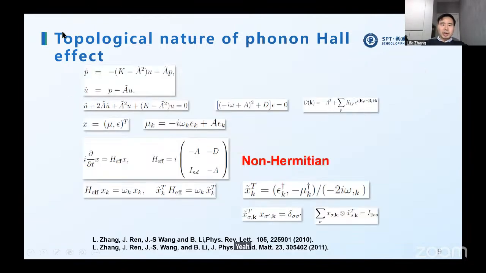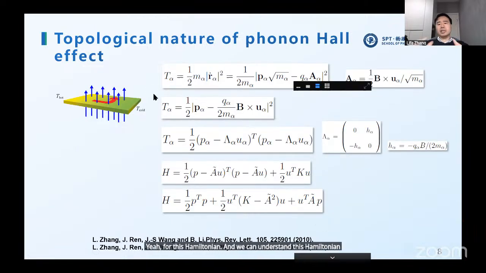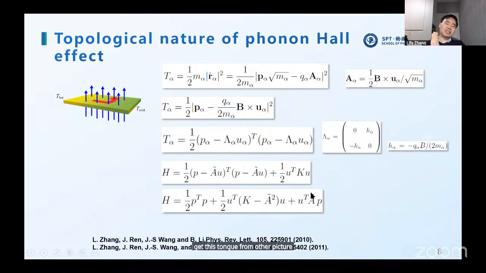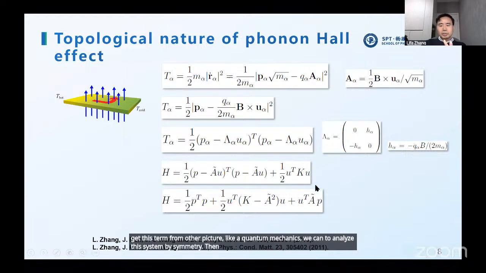For this Hamiltonian, we can understand it from another picture, because you may have different sources for this Hamiltonian. We understand it from the effective charge having a Lorentz force, but we can still get this term from another picture, like quantum mechanics. We can analyze this system by symmetry, and then we can also get such terms for the phonon and the magnetization.